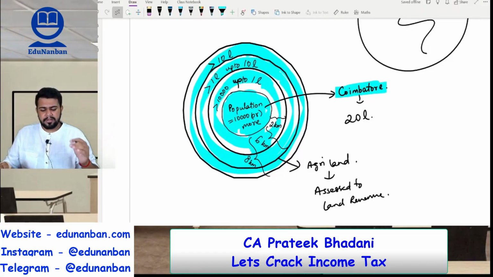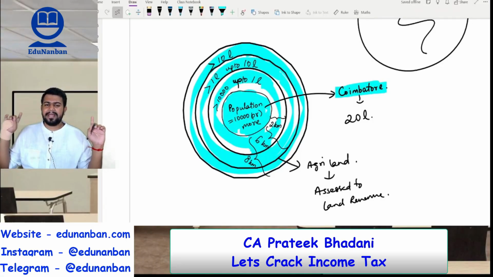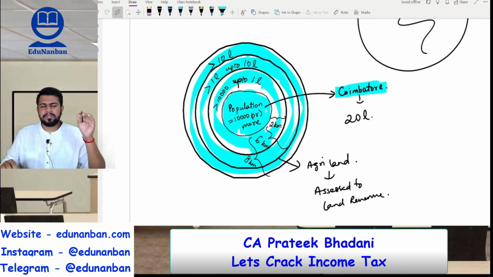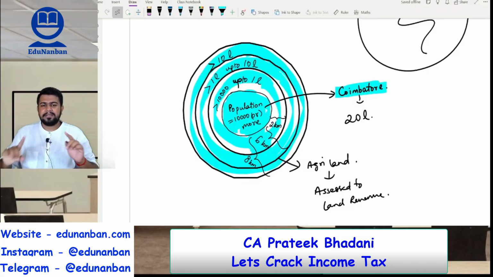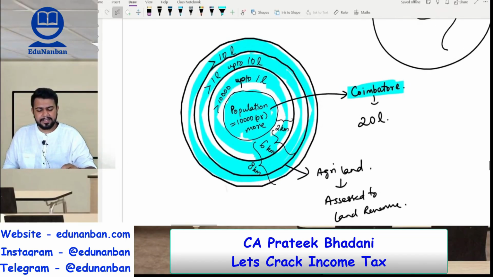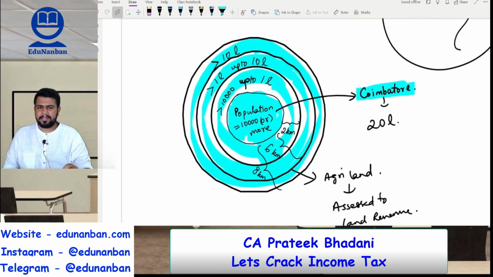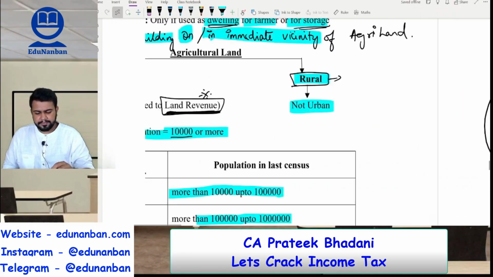If the population of Coimbatore is more than 1 lakh up to 10 lakh people, then the 6 kilometer area outside Coimbatore will also be called urban area. If the population of Coimbatore is more than 10 lakhs, then the 8 kilometer area outside the boundary of Coimbatore will also be called urban area. Okay, so I hope you are clear by seeing this circle and diagram. Fine.